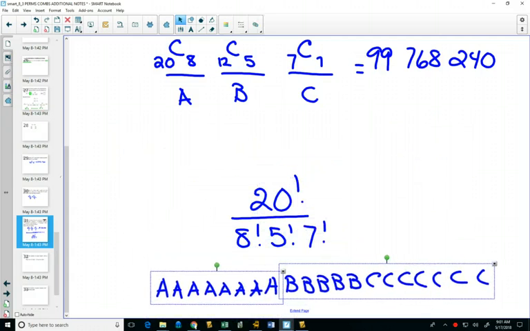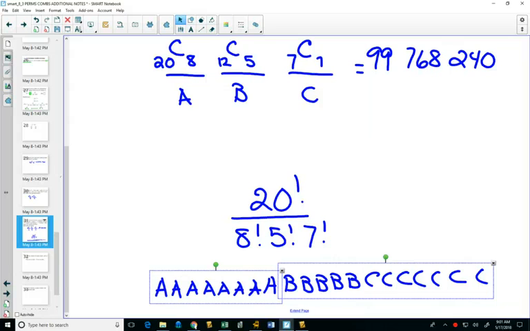So what that shows is that sometimes these combinations and permutations questions, depending on your mindset and how you think about them, can be done in different ways. This question could be done as a combination where the order doesn't matter, or it could be done as a permutation of identical objects.